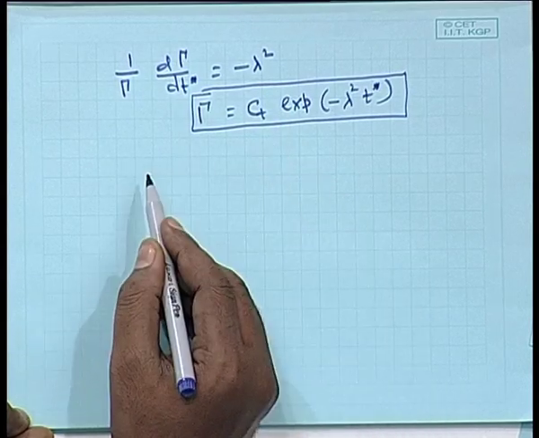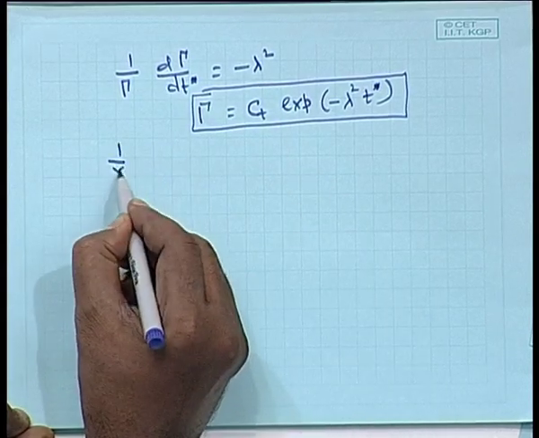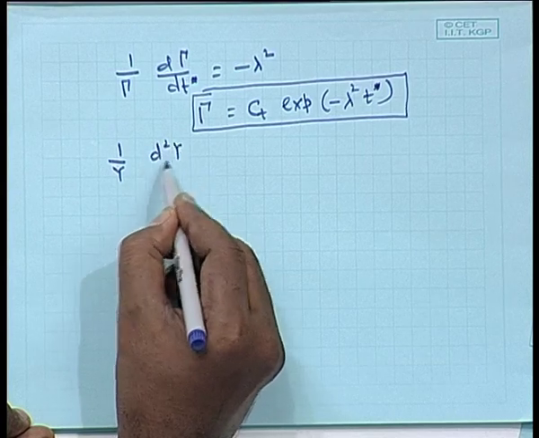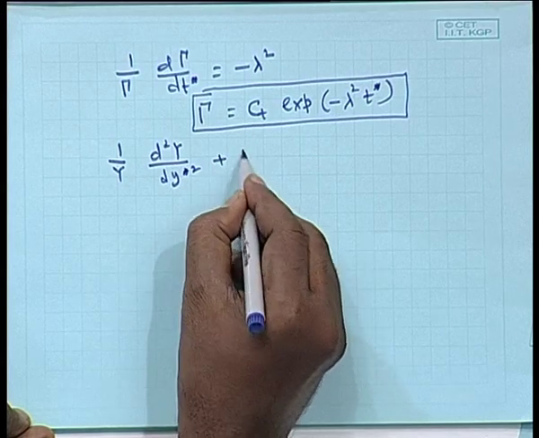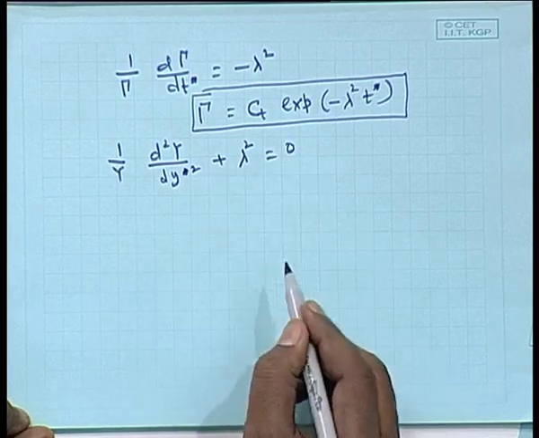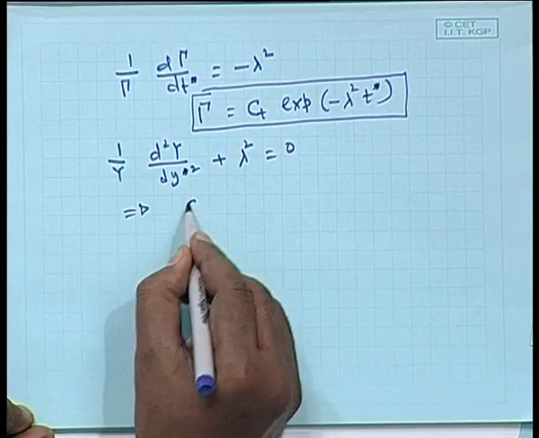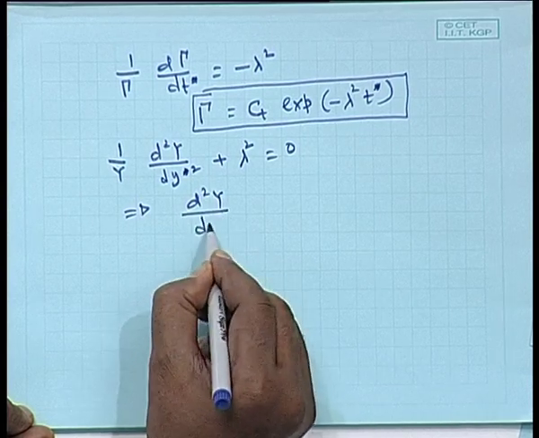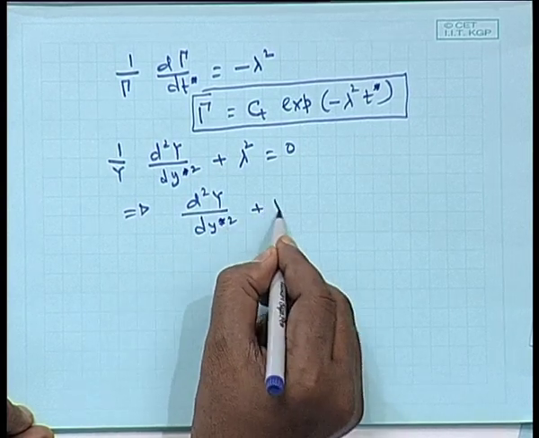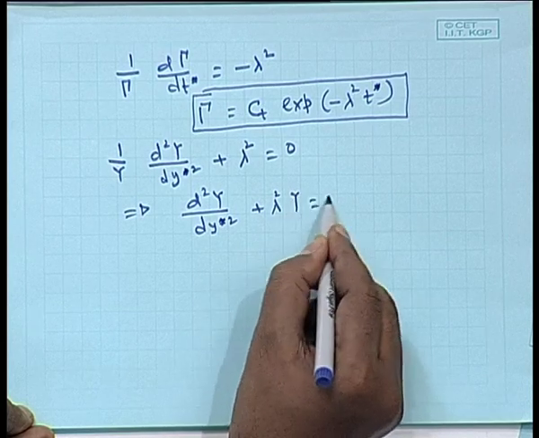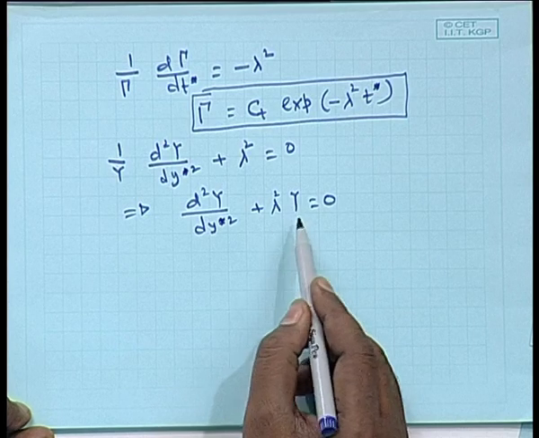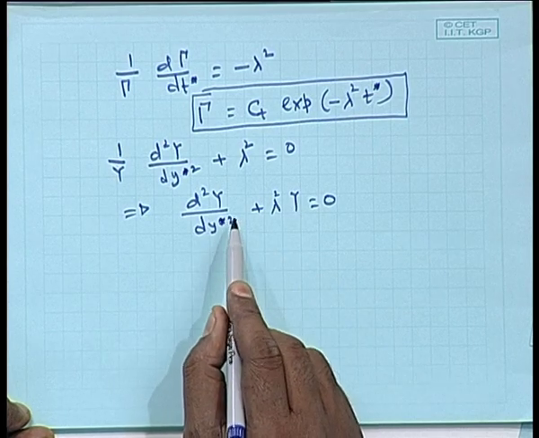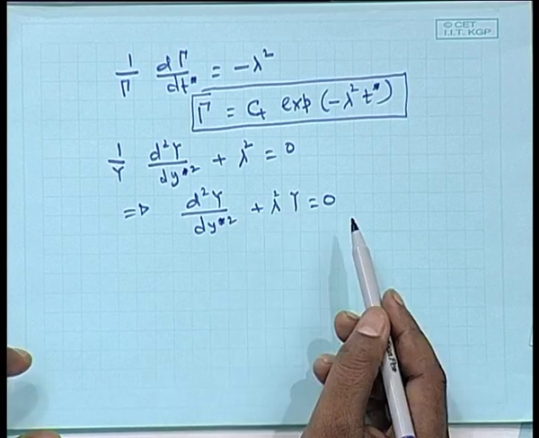Now, let us look into the space dependent part, that is 1 over Y d square Y by dy star square plus lambda square is equal to 0, or d square Y by dy star square plus lambda square Y is equal to 0, subject to the boundary conditions. The Y should satisfy the boundary conditions of the original problem.